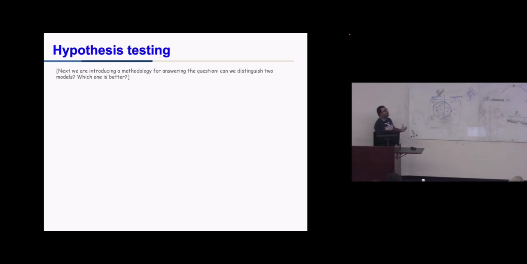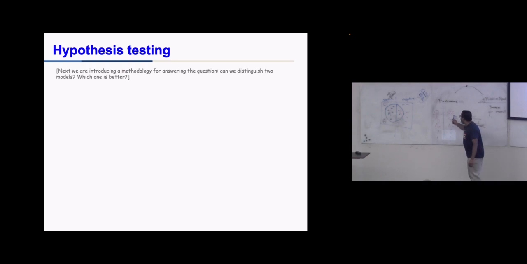So we need to be more specific about what hypothesis we are going to test. Given these two hypotheses, or classifiers, we make another hypothesis that these two classifiers are statistically different. Let's make that hypothesis, and we are going to test it.